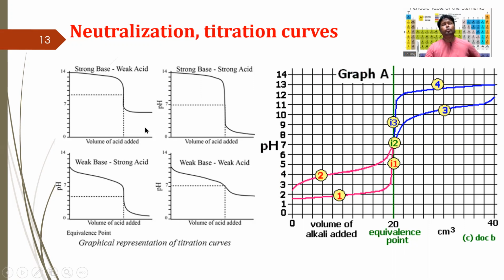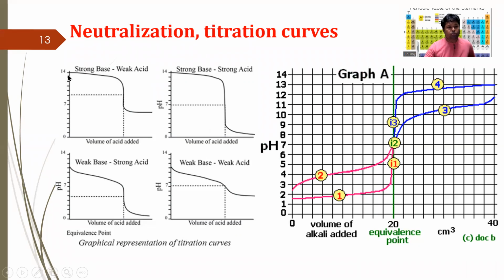If we want to neutralize a base with an acid, or the other way around, what is going to happen here, and how can we understand when the reaction is over or the neutralization is complete? Already we have mentioned that one. I think I have shown you these types of graphs, and also I have mentioned how we can do the titration and what types of indicator we can use. Today we are going to discuss it in a very simple way.